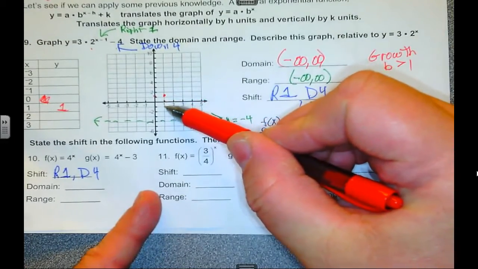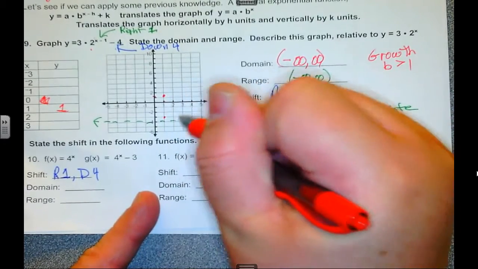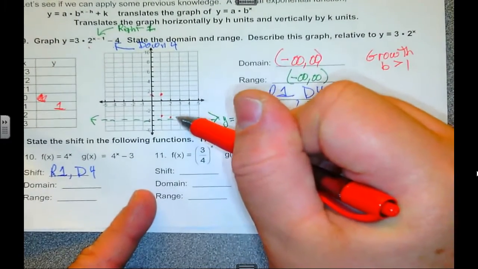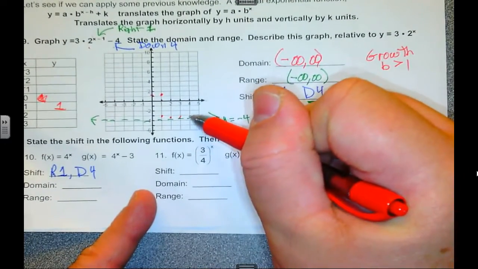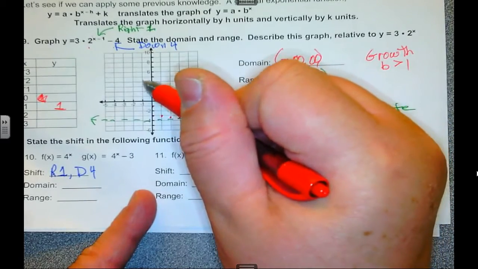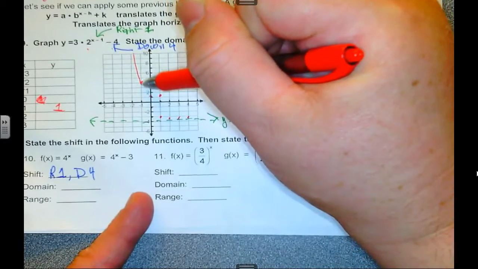I'm going to have to go down 4. So I know that it's growth, right? I know it's going to do this, get to that -4, and I know that it's going to grow really quickly. So it should look something like this.